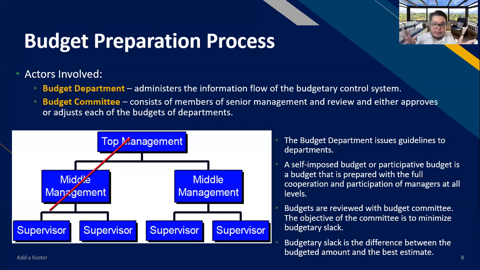So that's the budgetary control system. Usually there's a budget committee that is composed of senior members of management that will review and will approve or adjust the budgets of departments. So the usual thing that happens is that supervisors or department heads or section managers propose budgets to middle management.